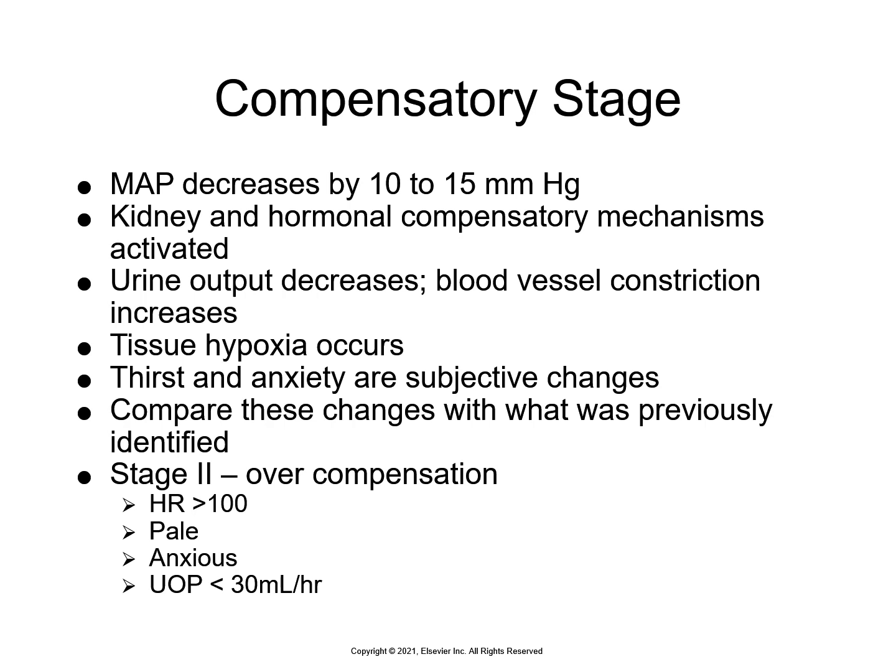It will be over 100. This is stage 2, overcompensation. They get very pale, anxious, and they're not perfusing the kidneys, so their urine output will drop to less than 30 milliliters per hour.